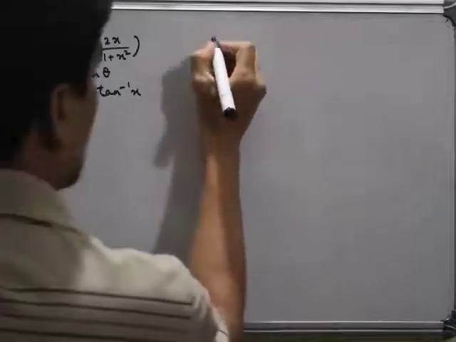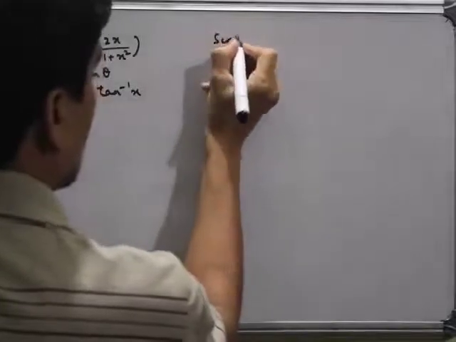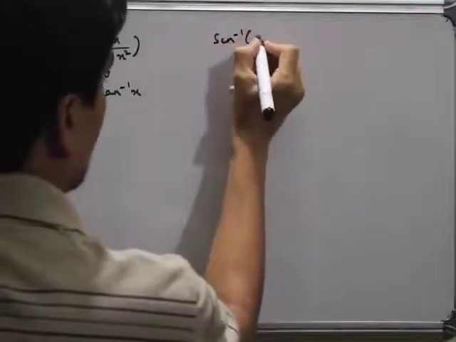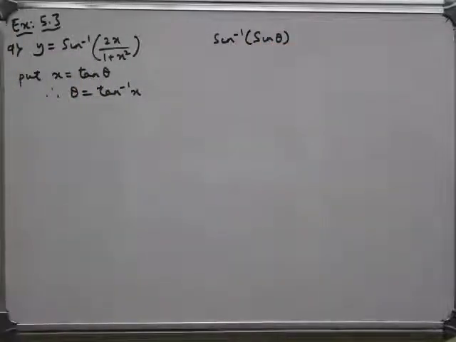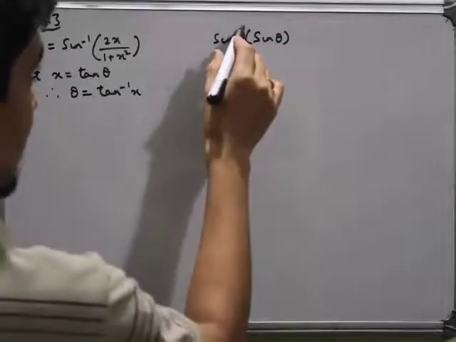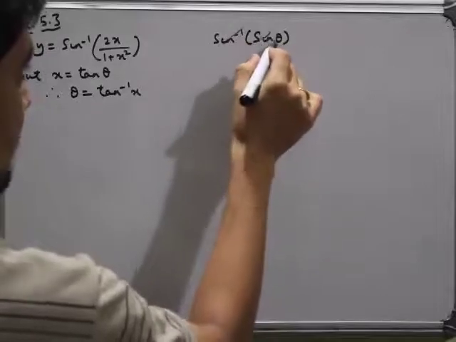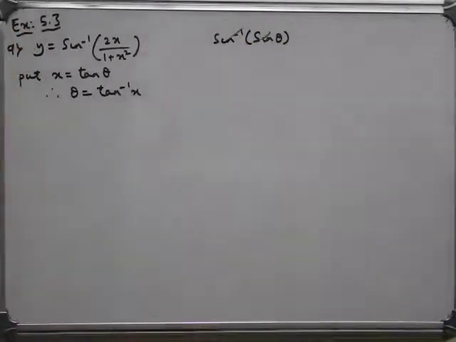If I have sine inverse of sine theta, here sine inverse and sine will get cancelled, theta will remain. So whenever we come across such functions in differentiation, it is better to apply some shortcuts.